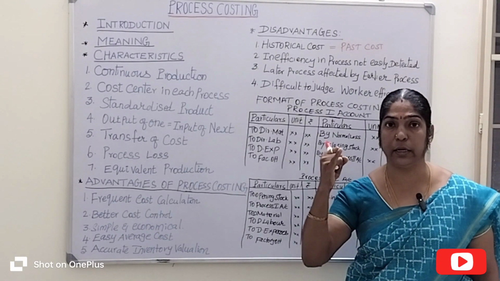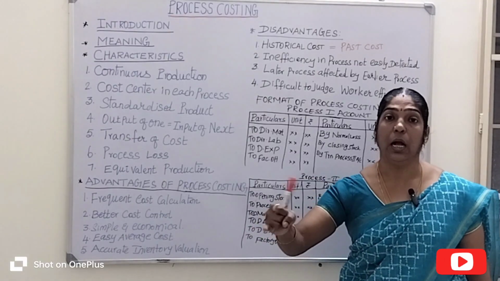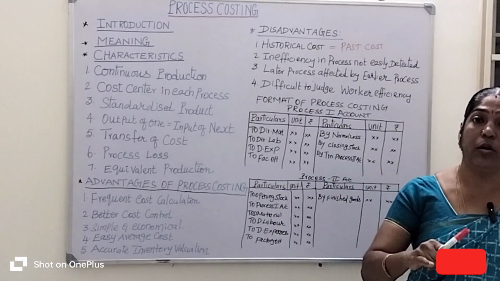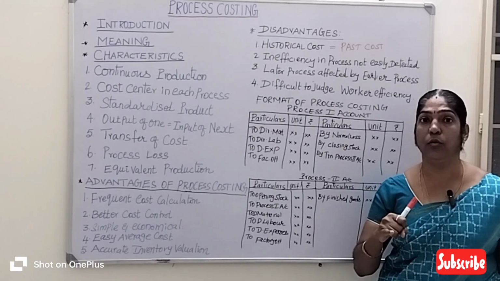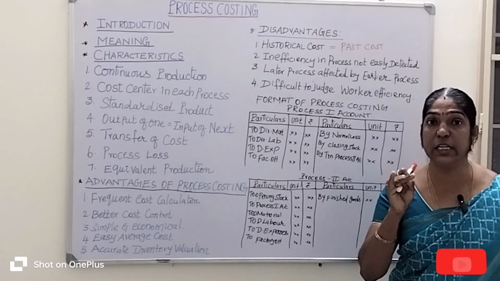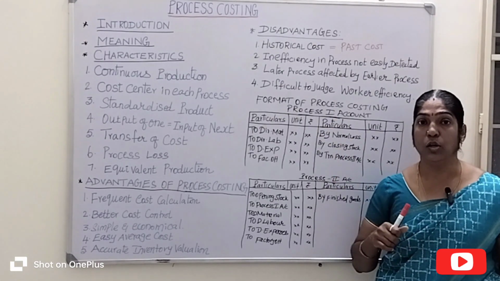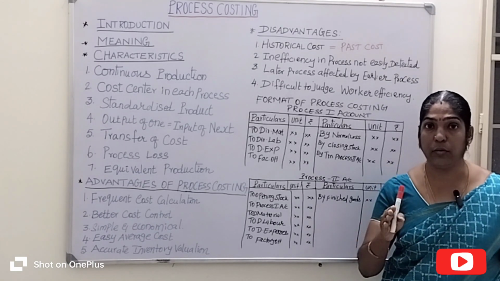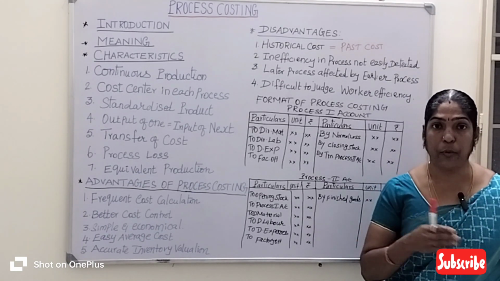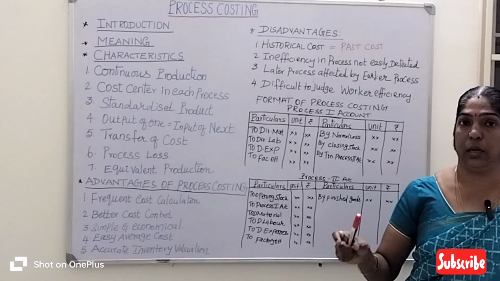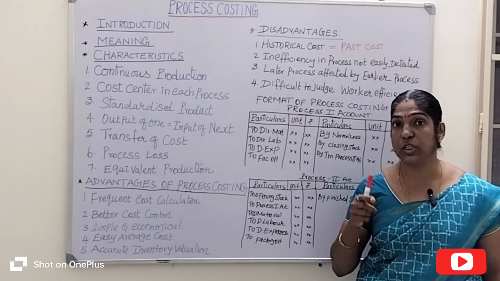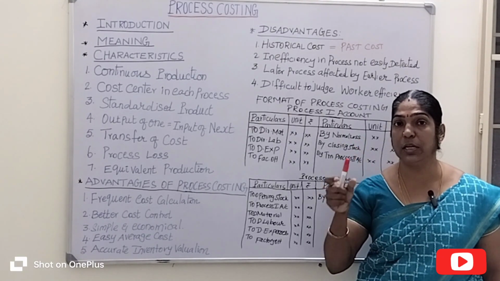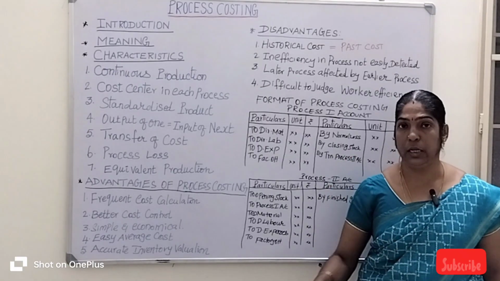It is impossible to judge the efficient workers. So it calculates process level cost only. It measures only process level cost. It cannot measure the qualified individual's talent in process costing.